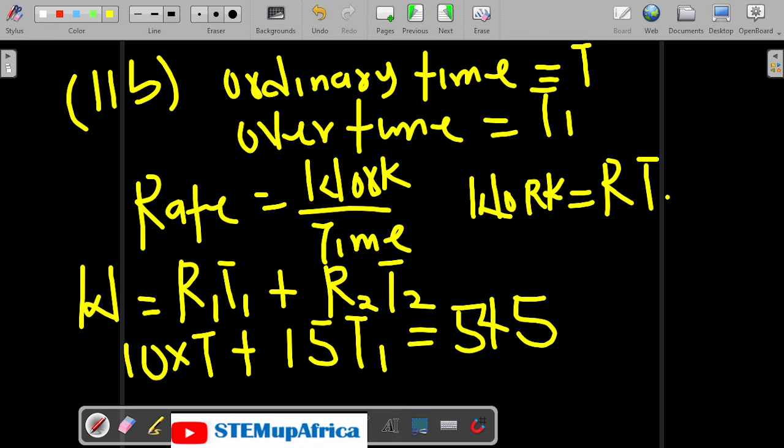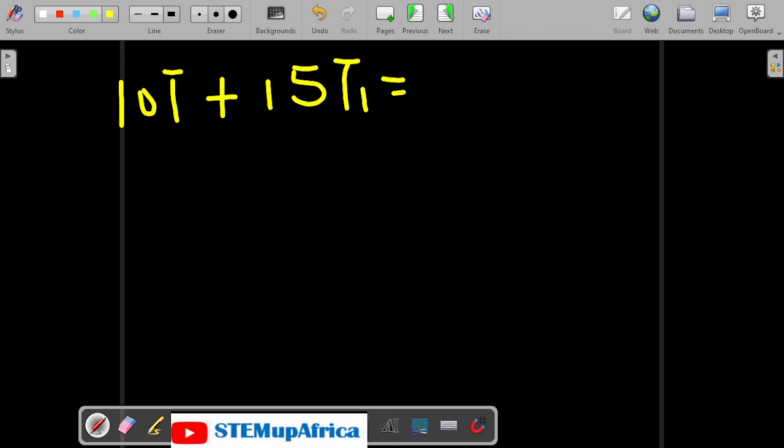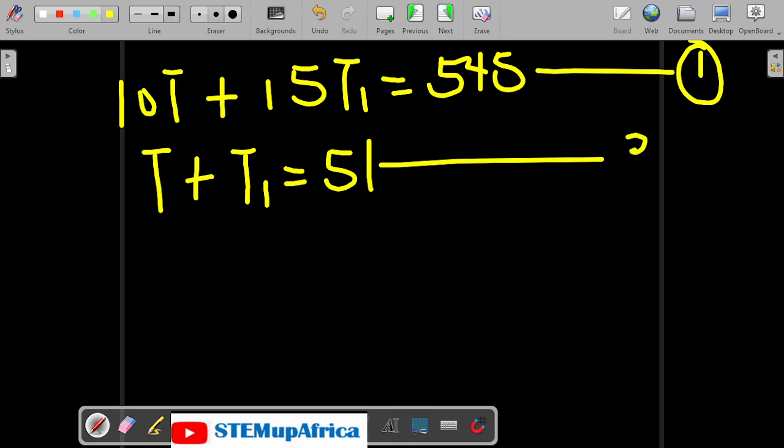So this implies 10 T plus 15 T1 is equal to 545. Let's call it equation 1. And the total time for the week is 51, so ordinary time plus overtime is 51. Let's call it equation 2.